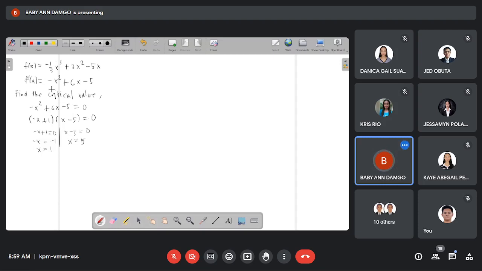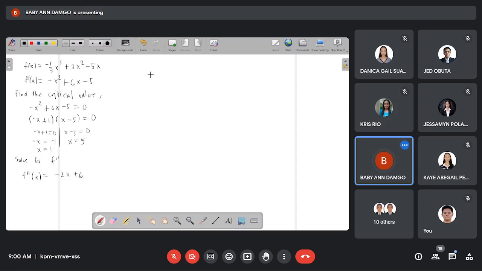Okay, so next, we need to solve for the second derivative. So f double prime of x is negative 2x plus 6.